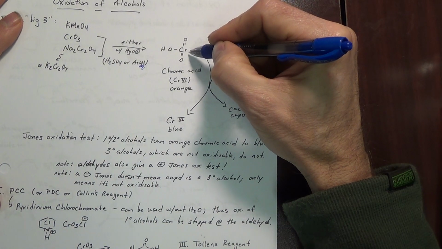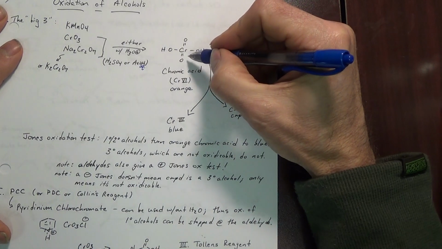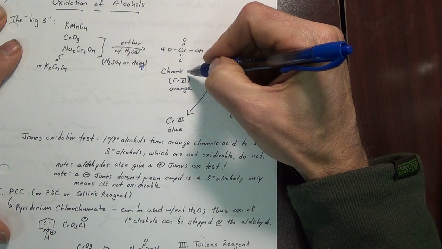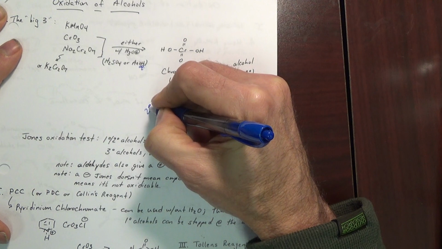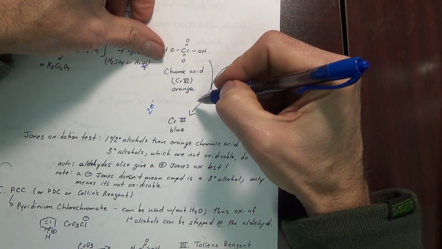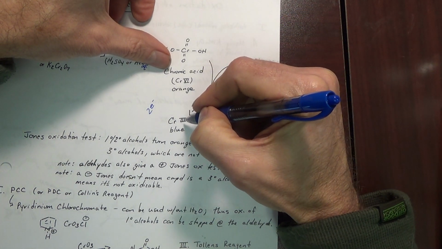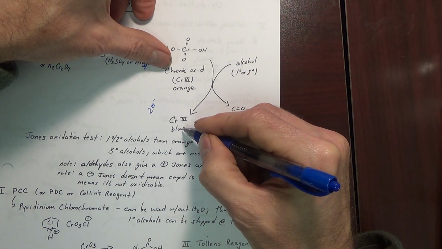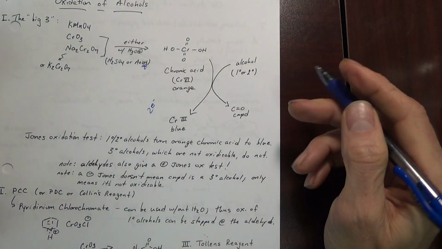The chromium reagent gets reduced. And we can see reduction, we would expect to go from chromium 6 down as it gains electrons. Now this is actually a 2-electron reduction. It first goes to chromium 4, but then the chromium 4 sort of autocatalytically reduces down to chromium 3, and that's the ultimate fate, I should say, of the chromium after it's reduced.